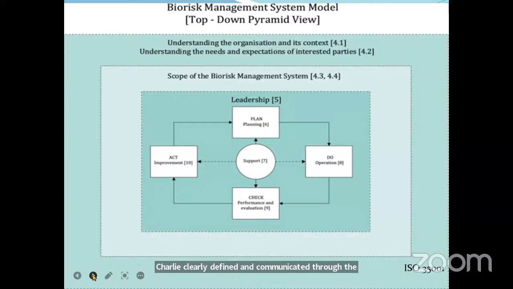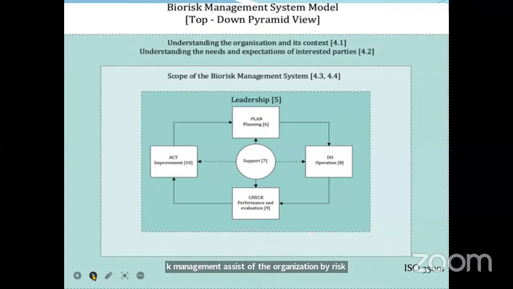We should also understand the needs of the interested parties and their requirements that are relevant to the biorisk management system, for example Saudi CDC, MOH, and so on. To know the scope of biorisk management, the boundaries and applicability of the organization's biorisk management system have to be determined.